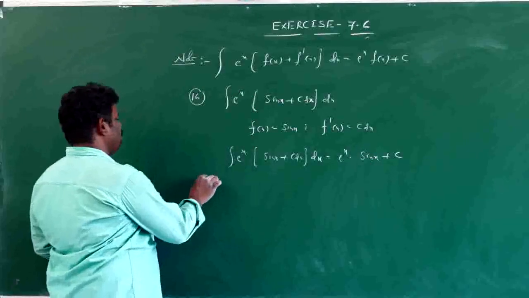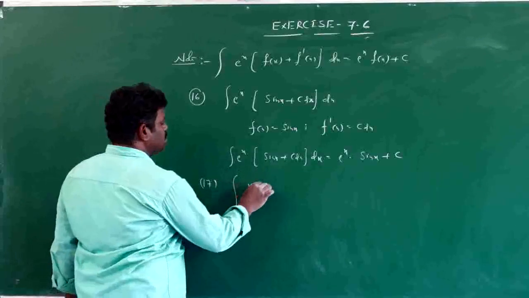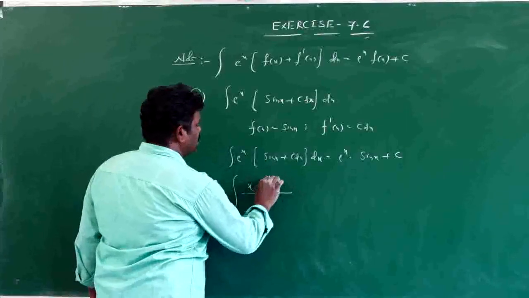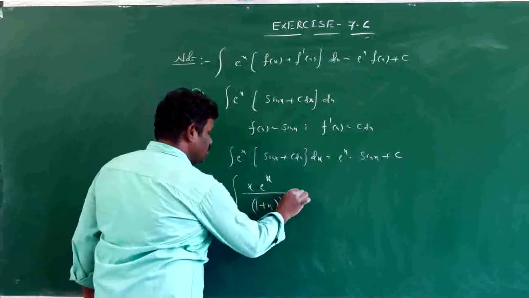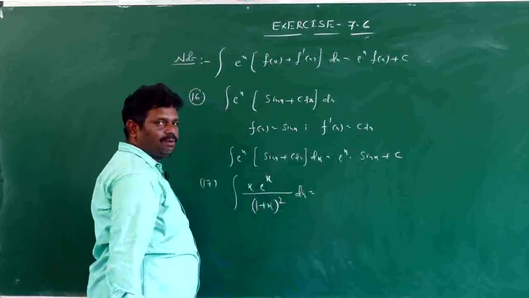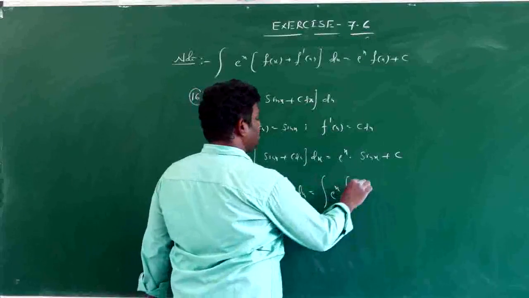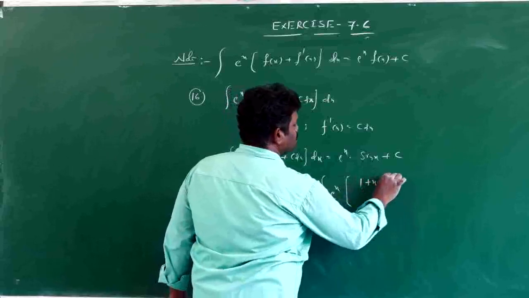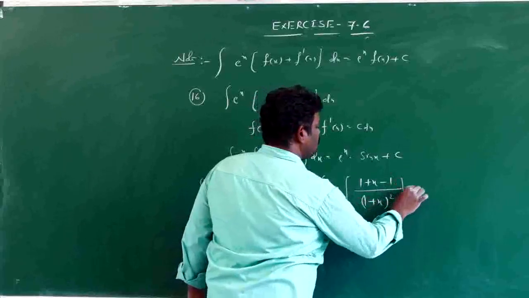Next, the 17th integral: x into e power x by (1 plus x) whole square dx. First we separate this, comparing with the standard form e power x into, here only x is there in the numerator, so 1 plus x minus 1, by (1 plus x) whole square into dx.